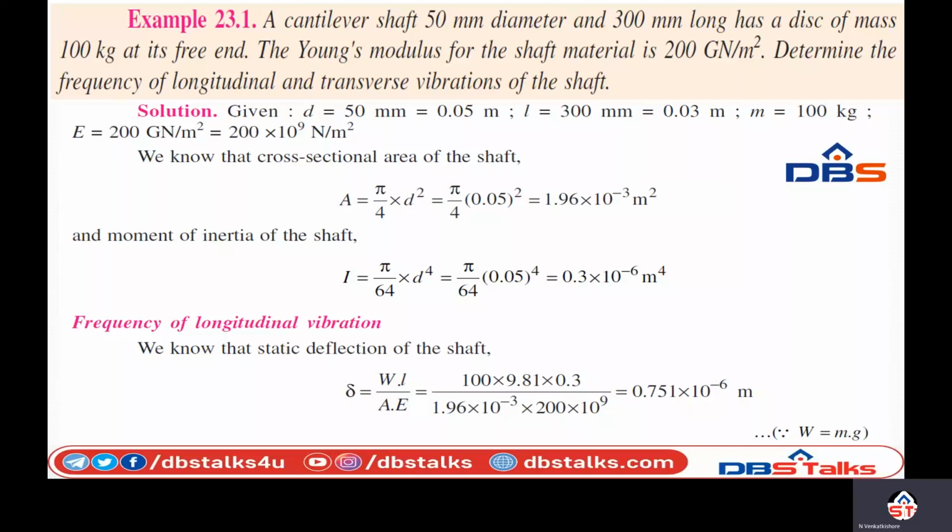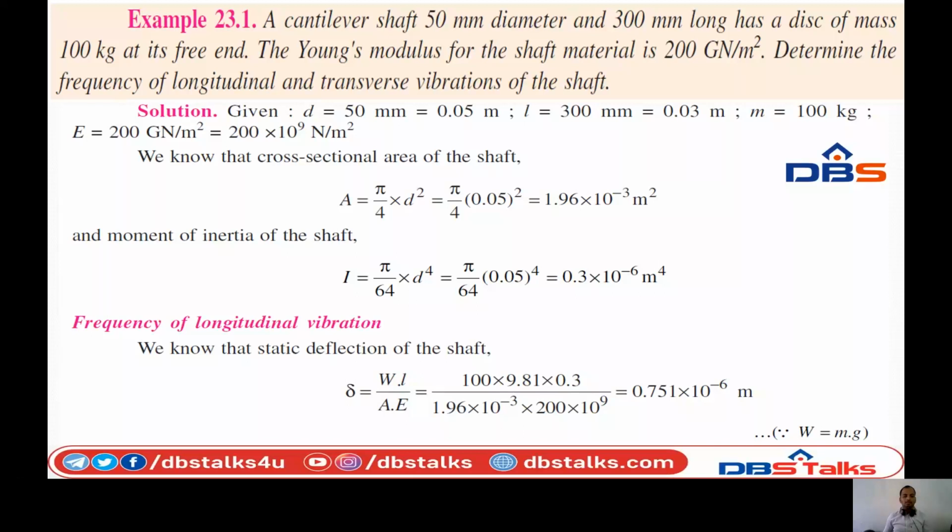For longitudinal or transverse, both are the same. Fn is equal to 0.4985 by square root of delta. So 0.4985 by root delta, where delta is 0.751 into 10 to the power of minus 6. So finally we got the frequency as 575 Hz.